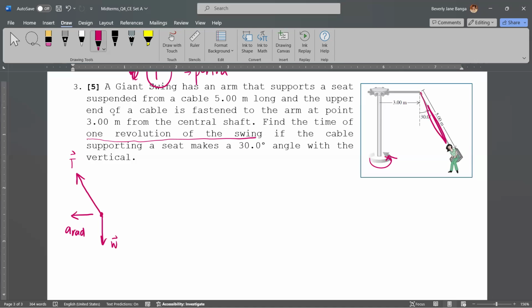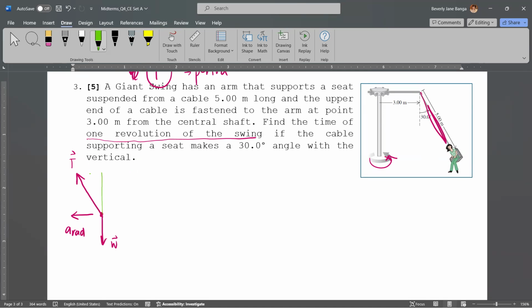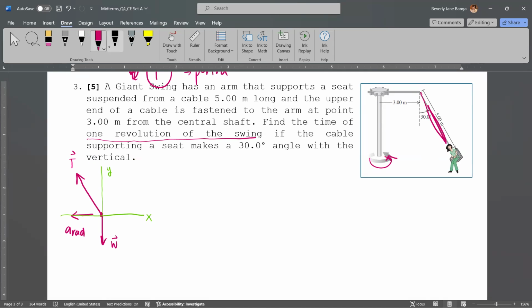So, magsaset tayo ng X and Y dito. Hindi naman to katulad ng ramp. So, simpleng ayos lang ulit, no? You have your Y, then you have your X. Okay, so yan na yun. And then, alam natin na, ay mali pala ako to.